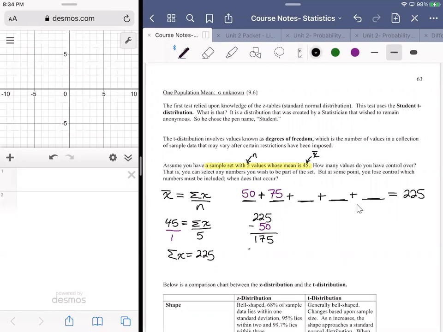So I subtract off the 75. Now I'm down to 100. I'm just picking these numbers off the top of my head. Any number that's less than 225 is going to work. You could even get decimals involved if you want. So the next one, let's say, is 30. So 100 minus 30.